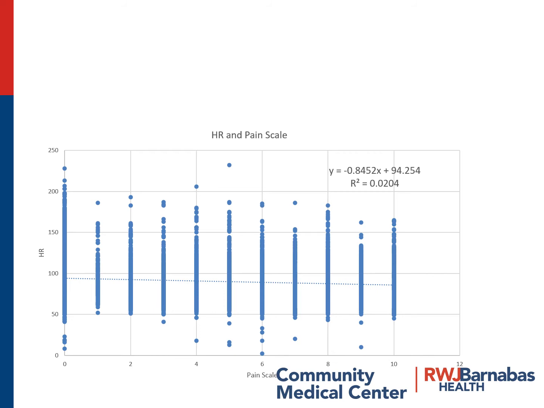First of all, if you look at the extreme left of the graph, that's where the pain scale is 0. You've got some very high heart rates there. That's probably things like AFib and SVT, which people can be very tachycardic, but will have 0 pain with that.